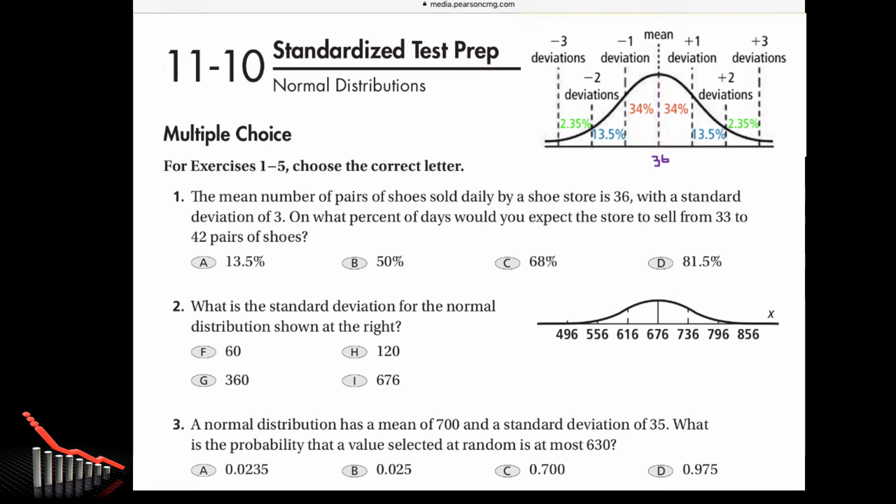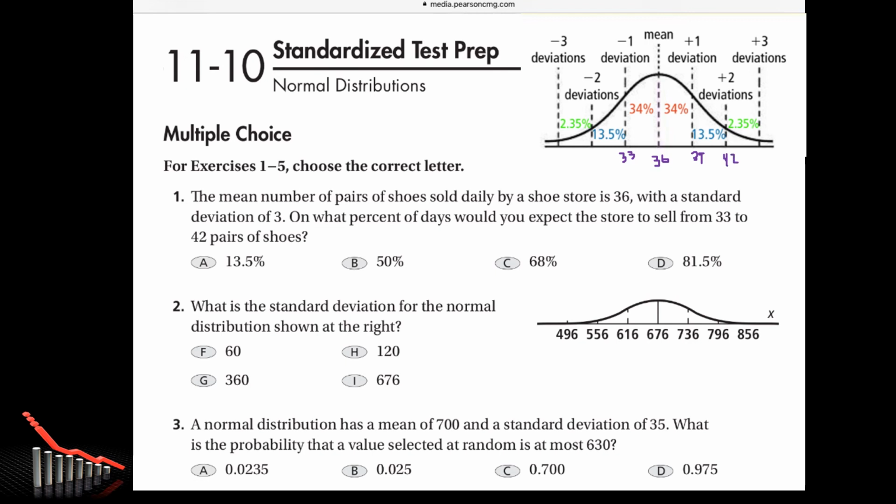Well, if my standard deviation is 3, 36 minus 3 would bring me over here to 33. Now add the 3, and that would bring me to 39. Is that enough? Because if that's what I'm looking at, I know the answer is going to be 68%. But that's not quite enough. I want to go to 42. So 39 plus 3 more would bring me to 42.